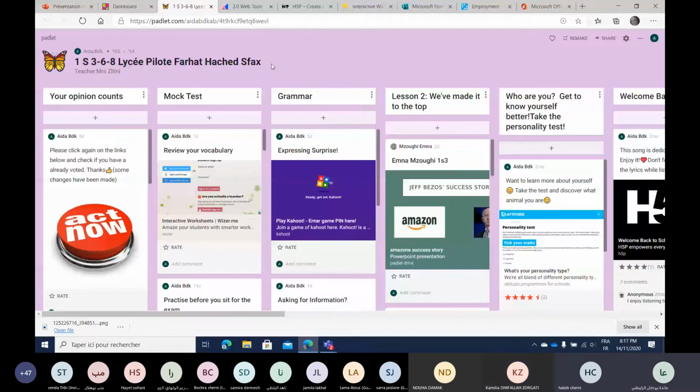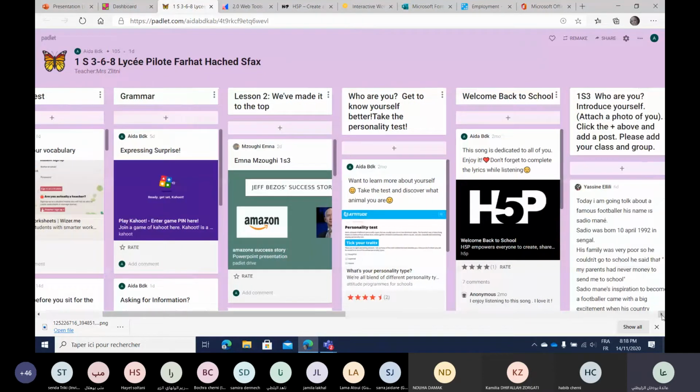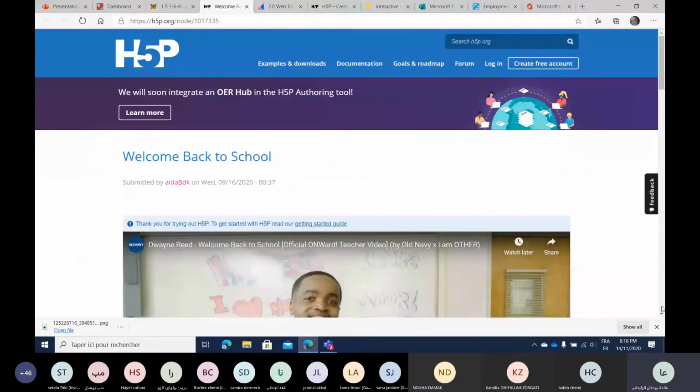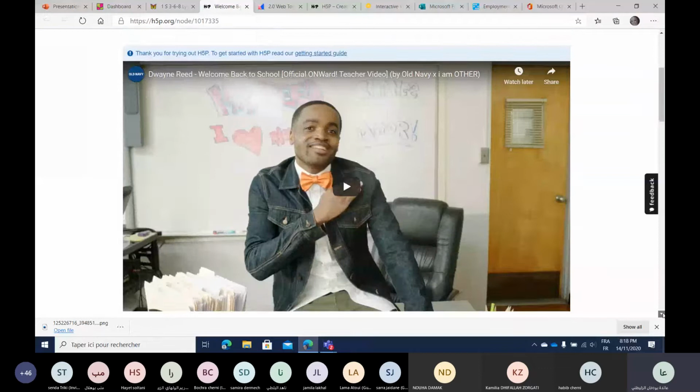So here you have the Padlet, where I post and the students can post their work too. They can play language games, Kahoot, or also go to the H5P platform via Padlet, and they do tasks on the Padlet.